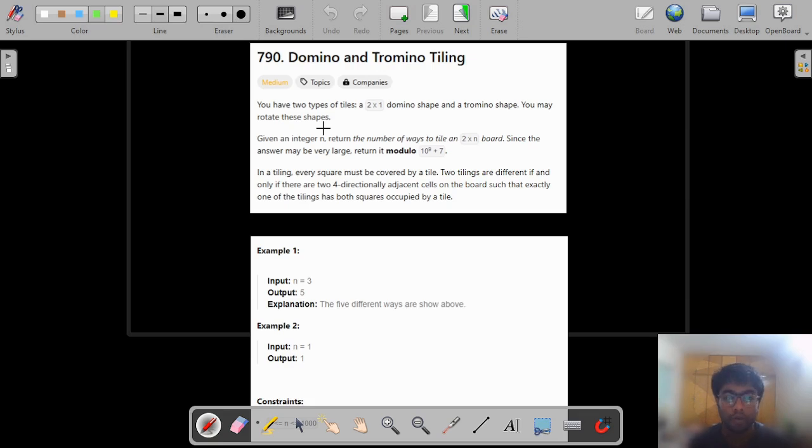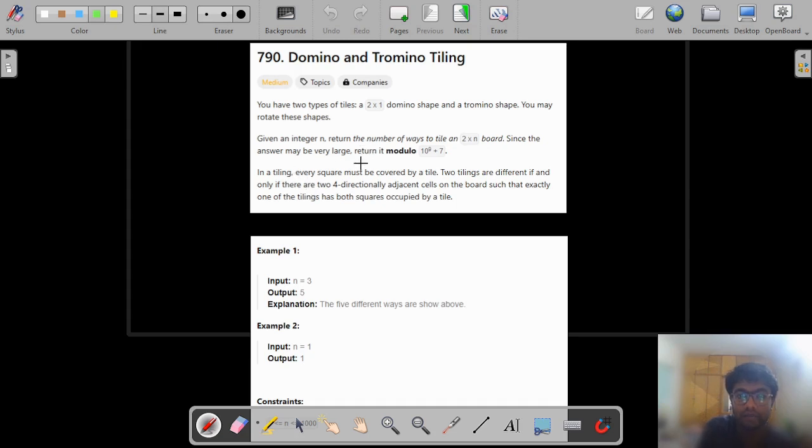Let's understand the problem statement. It says we have two types of tiles, a 2x1 domino shape and a tromino shape. Given an integer n, return the number of ways to tile a 2 x n board.